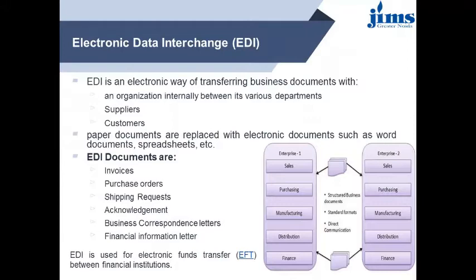The same thing happens between the suppliers and the customers. If the customer wants some product from the supplier, the customer has to fill the form in some standard format. For example, if you want to purchase from Amazon or Flipkart, you have to select the product, put that product into the cart, then pay the payment.